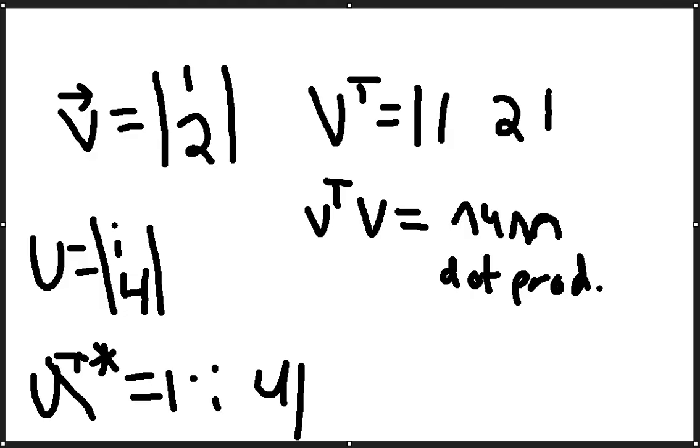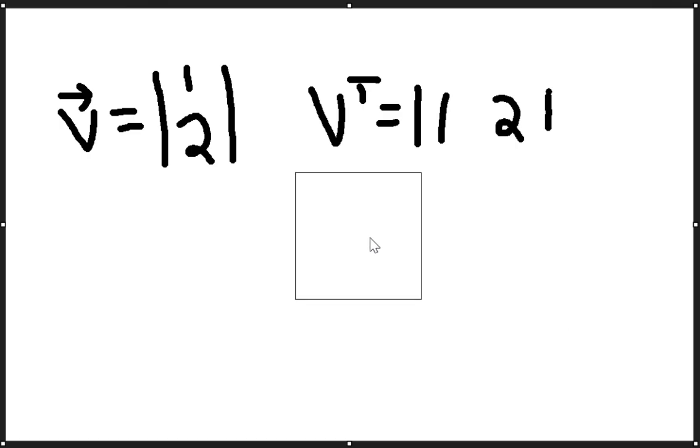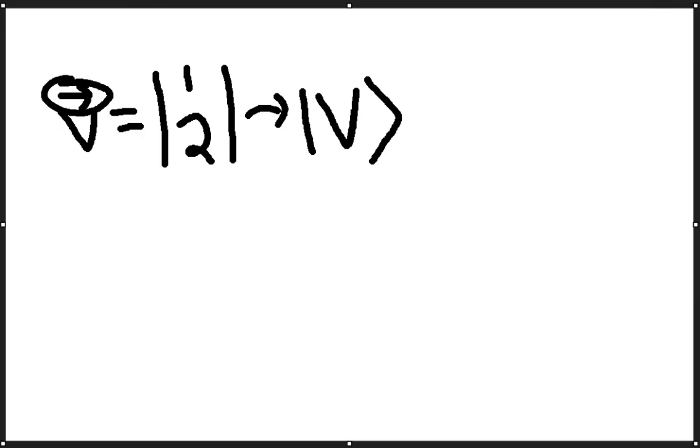So instead we're going to do something called bracket notation, and we're going to rewrite it like this. Let's say we'll stick with a vector v. This is equal to this notation. As you can see, we swap out this arrow bit for this little funky looking thing.